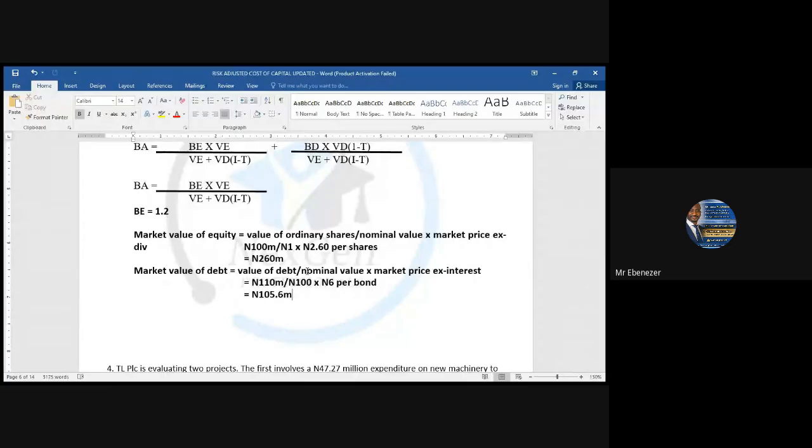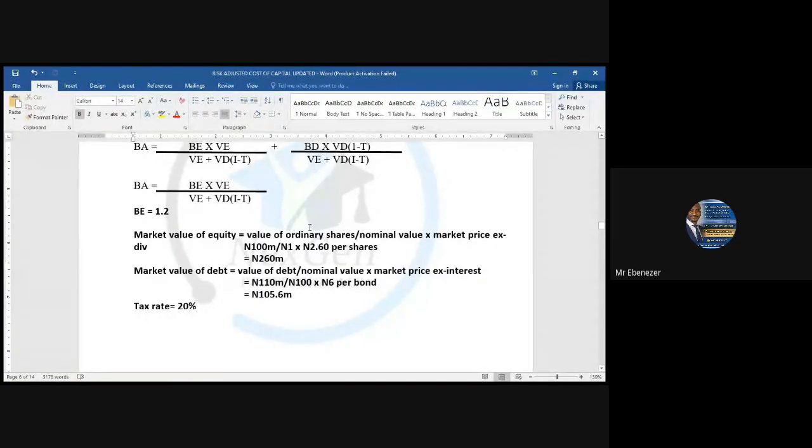Okay, we are done with this: the value of equity and the value of debt. We're told that the tax rates remain the same, meaning that both have the same tax rate. What is the tax rate? 20%, right? Yes, sir.